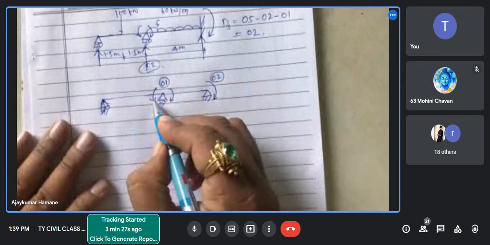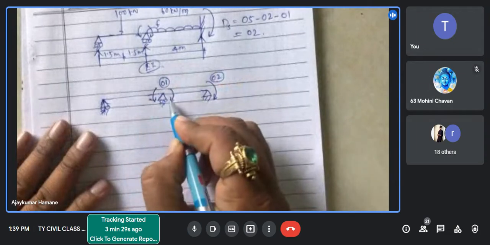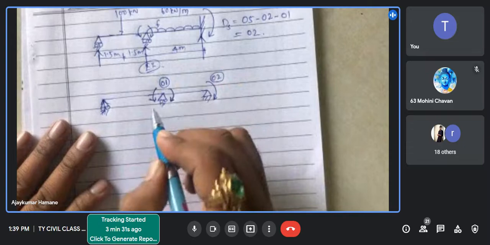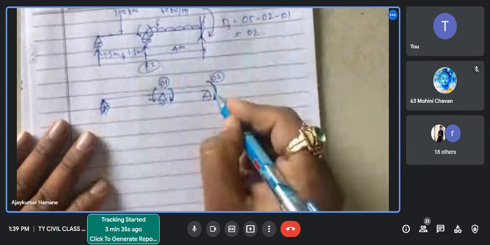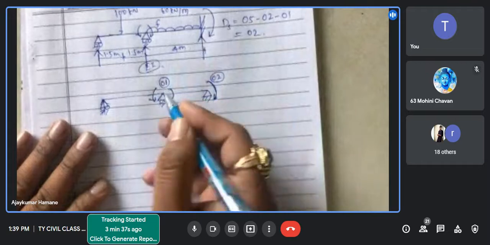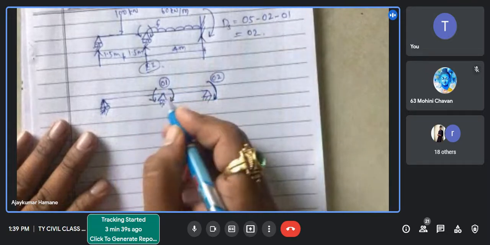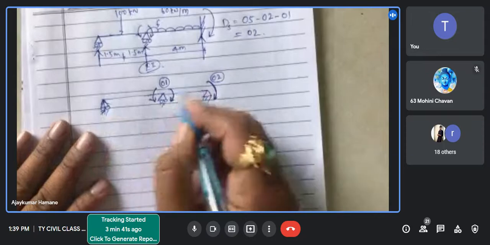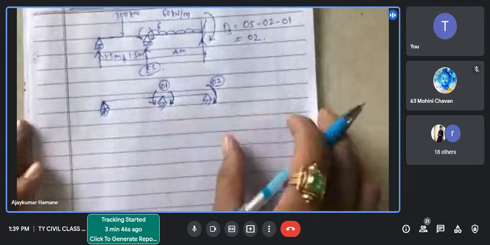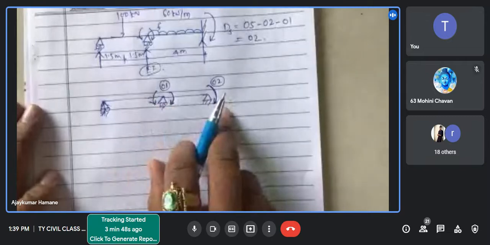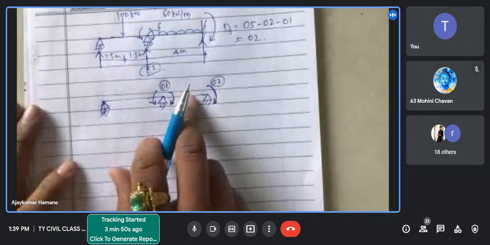Remember, see how we have assigned and given the directions. Always give the clockwise direction. So this is clockwise, this is clockwise. This is opposite of that moment, so that's why it is anti-clockwise. So always give the clockwise moment. So we have assigned the coordinates 1 and 2, and we have released the structure.